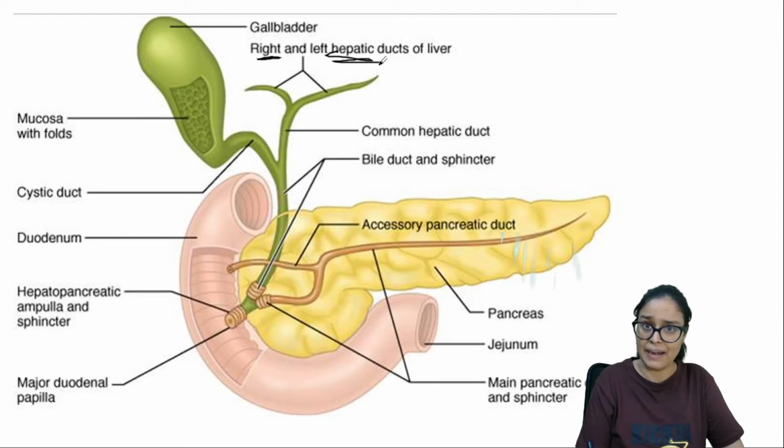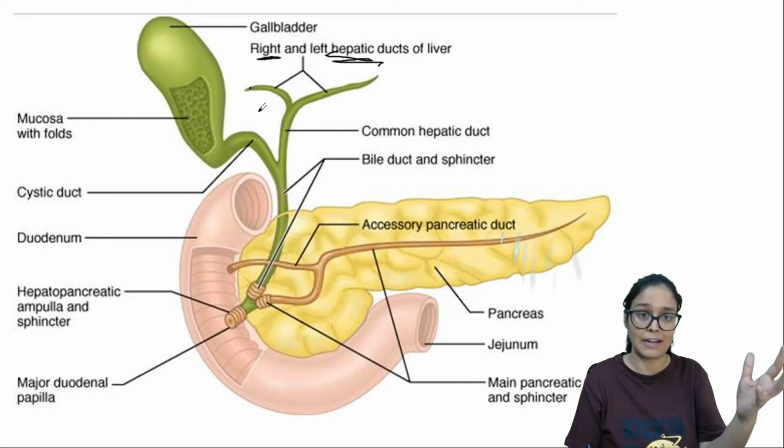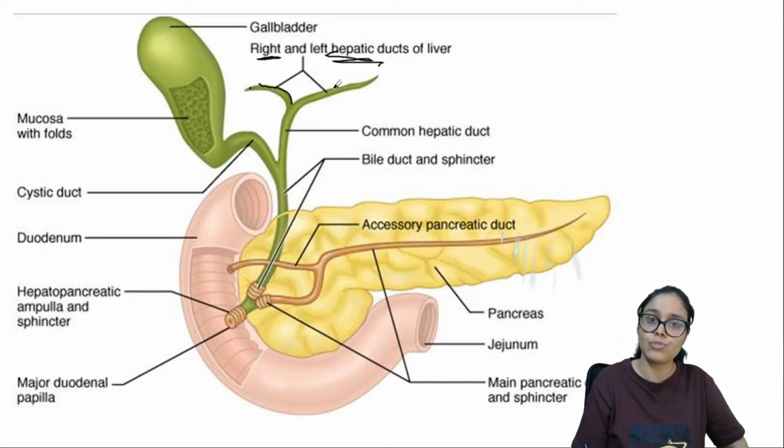From the right and left hepatic ducts, bile juice will be coming. Bile juice is secreted into the duct by the hepatocytes, and that bile juice will be carried by it. This is the common hepatic duct. These two ducts fuse together to form the common hepatic duct. इनके साथ cystic duct भी मिलेगी, the cystic duct combines with it, and here they have the sphincter of Boyden. I have told you. Now they will fuse to form the common bile duct.